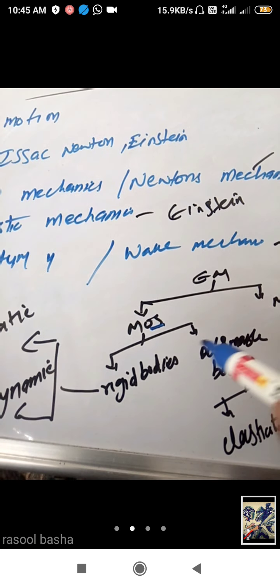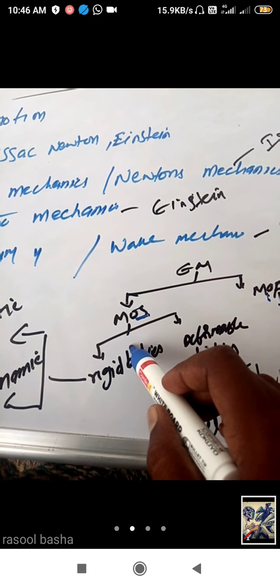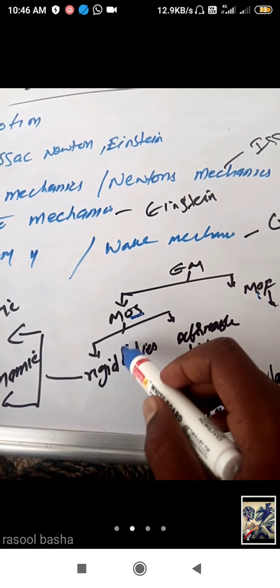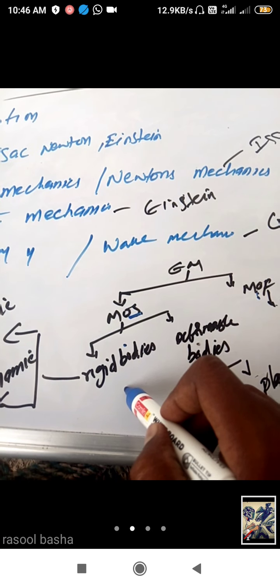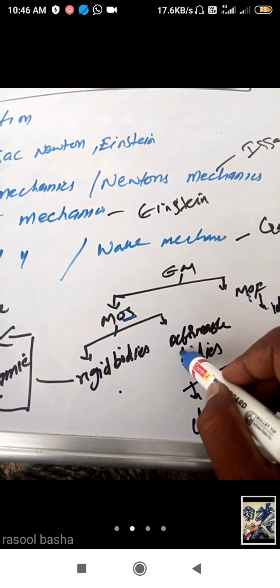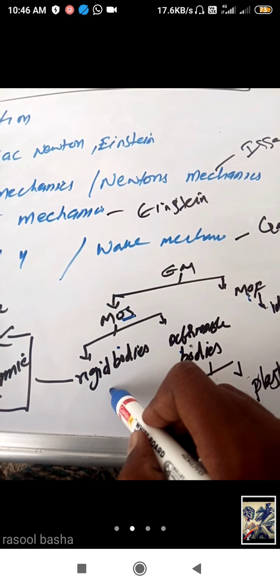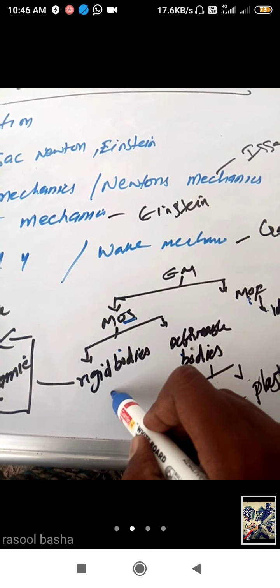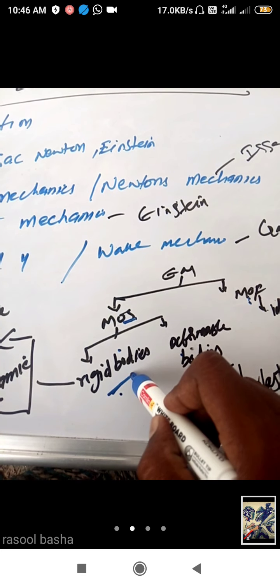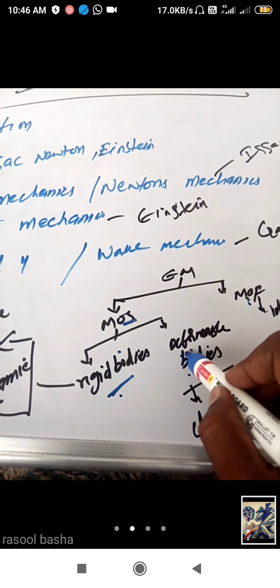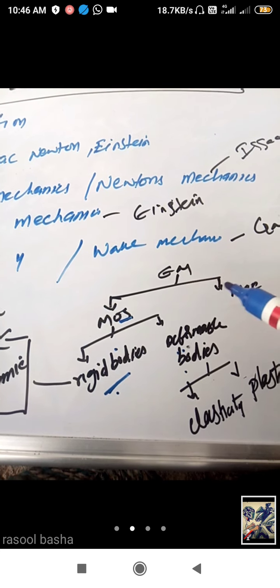Coming to the mechanics of solids, it is again divided into two types: rigid bodies and deformable bodies. Rigid bodies are fixed and will not be deformed. Deformable bodies are those that can be deformed.